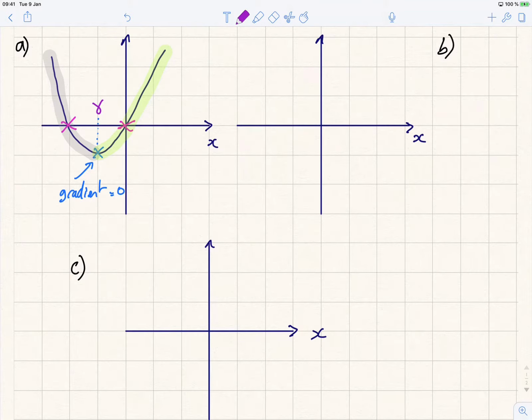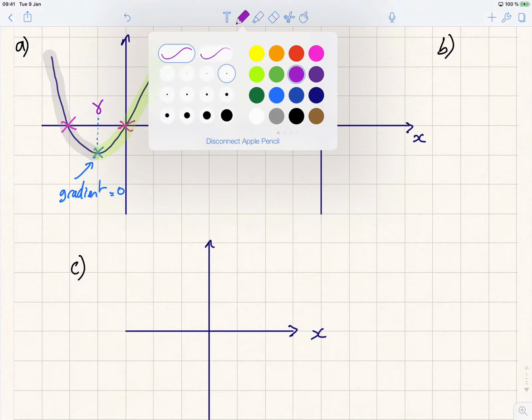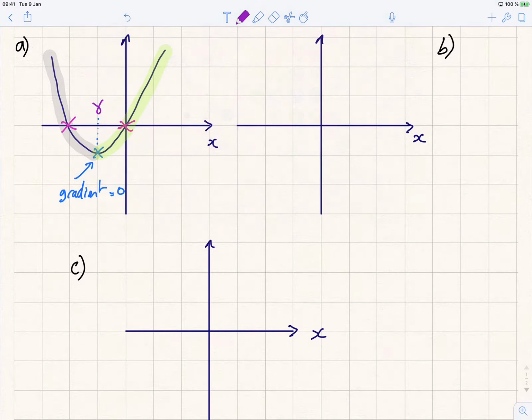Now let me put this onto this function here. We have this lambda that I was looking at, and this lambda is here. That's lambda. And we know we have a negative gradient, and a quadratic always differentiates to a linear function.